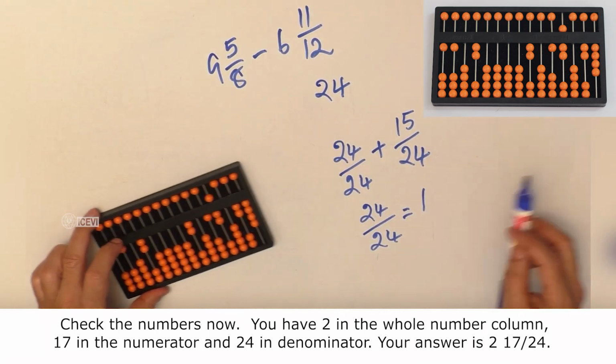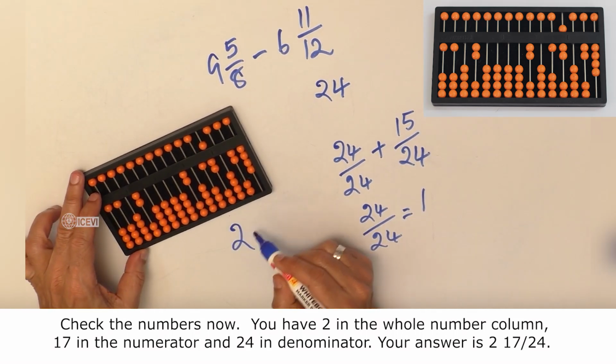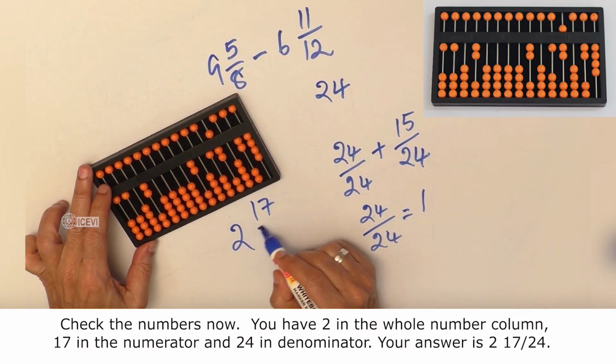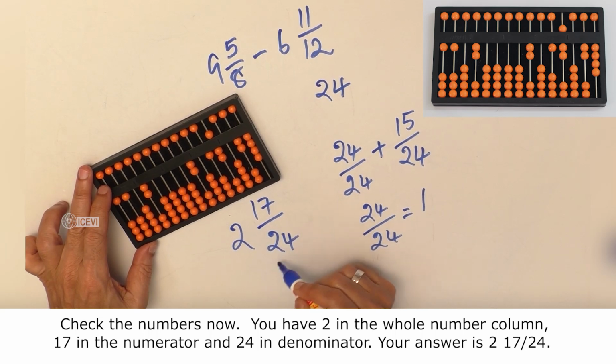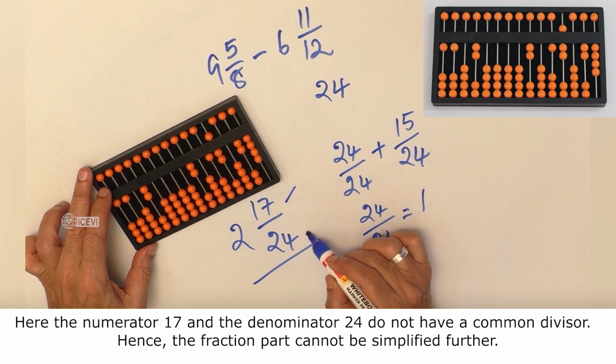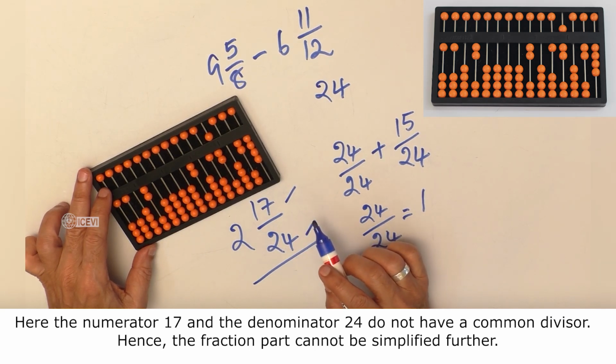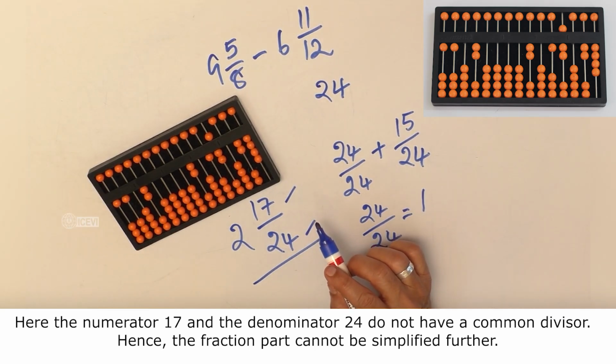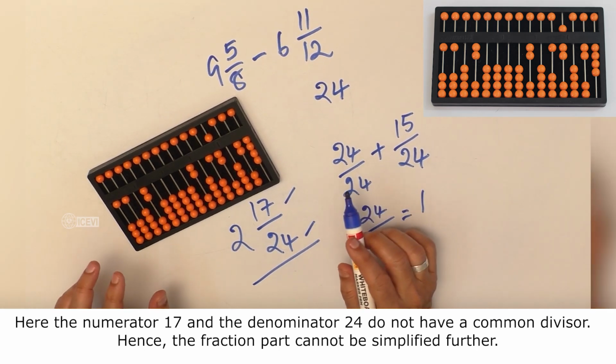That means your answer is 2 17/24. Here the numerator 17 and the denominator 24 do not have a common divisor. Hence the fraction part cannot be simplified further.